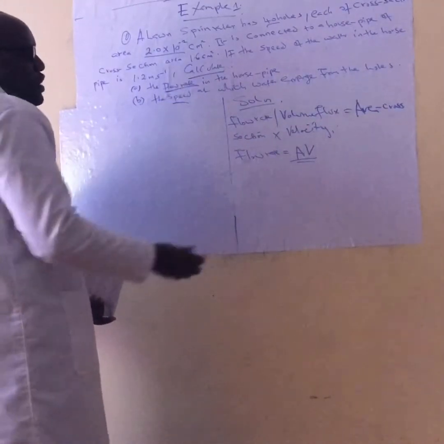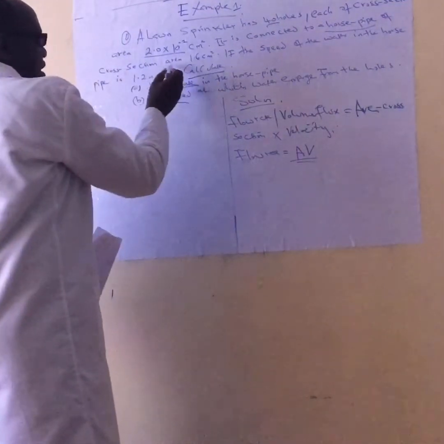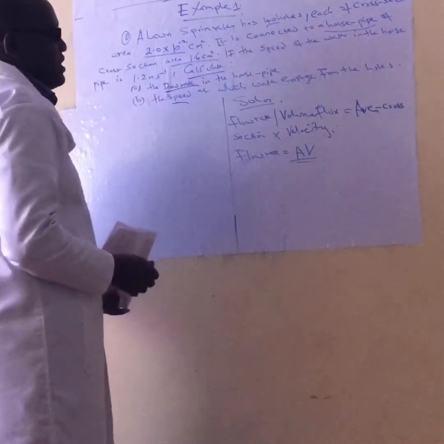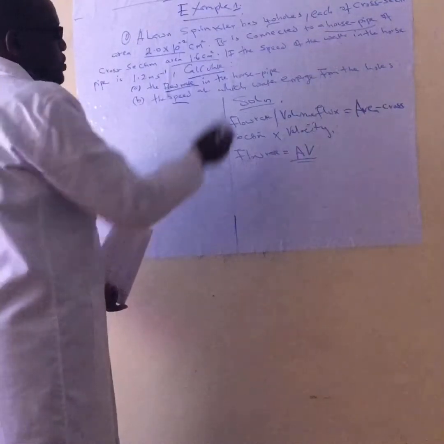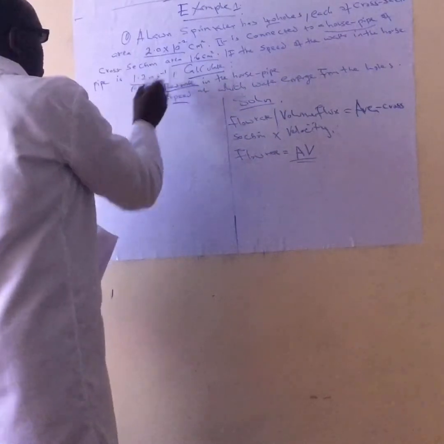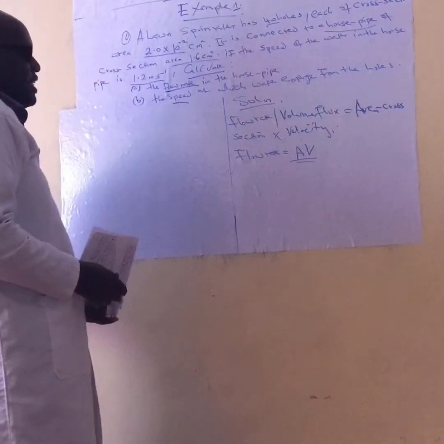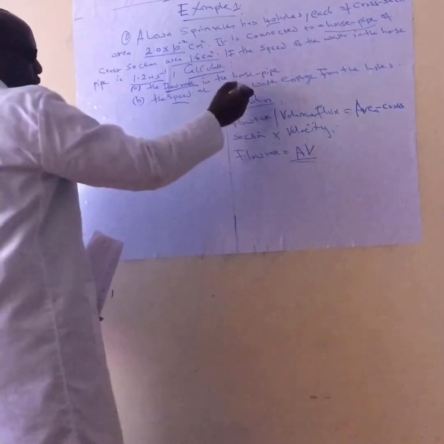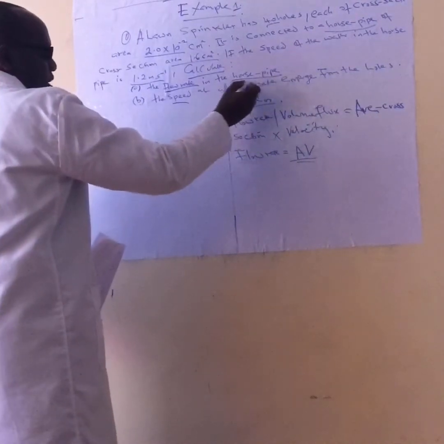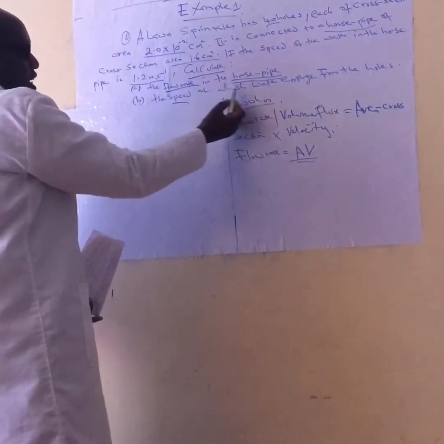It is connected to a hose pipe of cross-sectional area 1.6. And then we are told if the speed of the water in the hose pipe is 1.2 meters per second, then calculate the flow rate in the hose pipe.